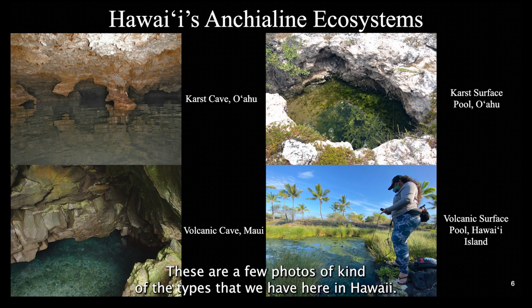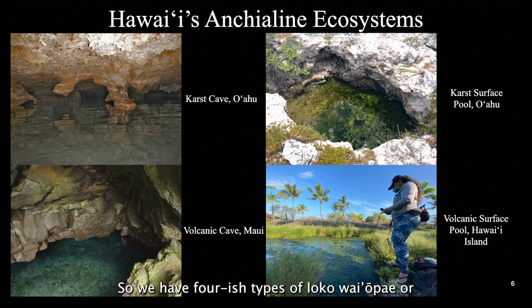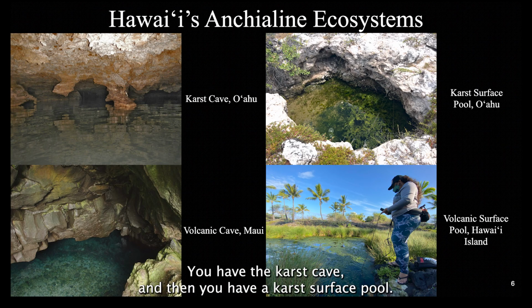These are a few photos of the types that we have here in Hawaii. So we have 4-ish types of loko wai'pae or anchialine ecosystems. The first two, I wish I had a pointer. These first two here at the top are karst caves on Oahu. You have the karst cave and then you have a karst surface pool.